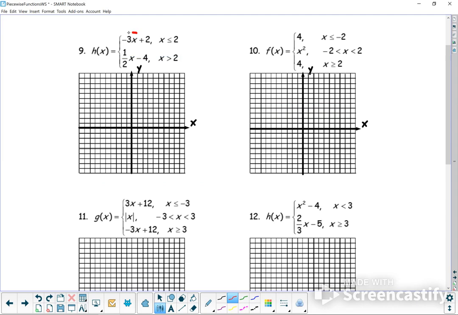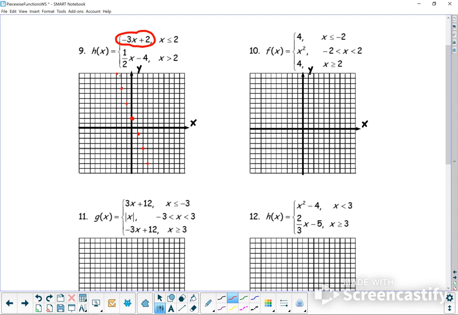This one, first equation, h of x equals negative 3x plus 2. So that means we're going to start out at positive 2, and negative 3x means down 3 over 1. You're going to keep doing that, down 3 over 1. You get the idea. And then you're going to go the opposite direction as well.